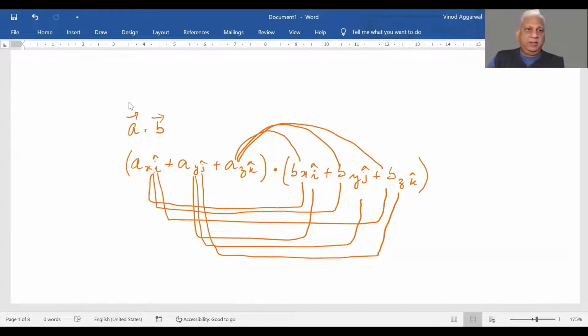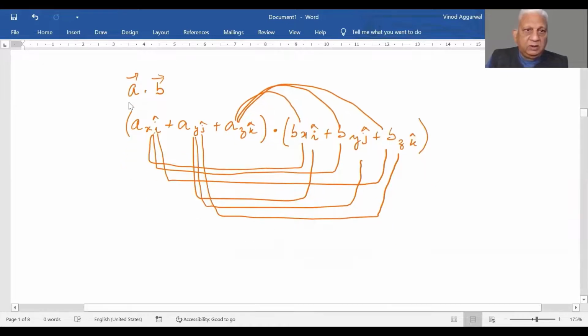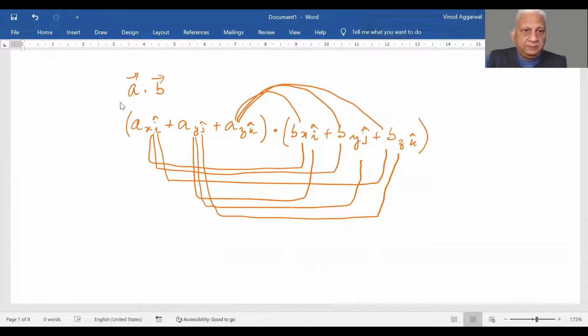Now what you see here is that when we multiply the i component with the i direction, the angle between the two i directions is 0, so cos 0 is 1. This is the only component that will be effective. If we multiply i with j, the angle between them is 90 degrees, so the product will be 0.